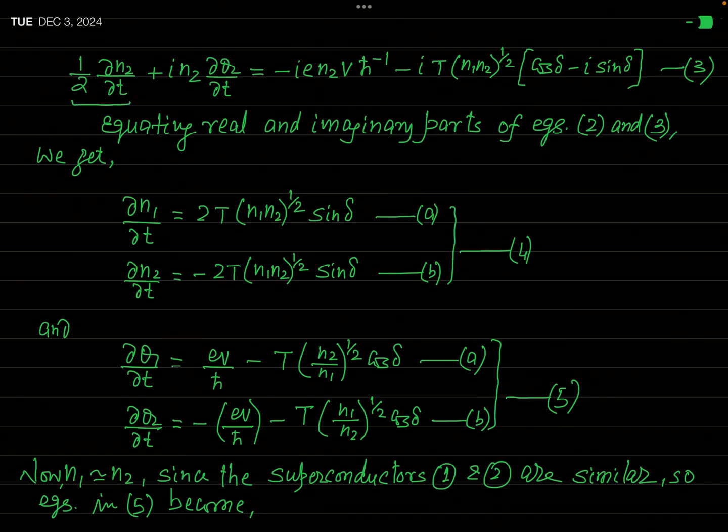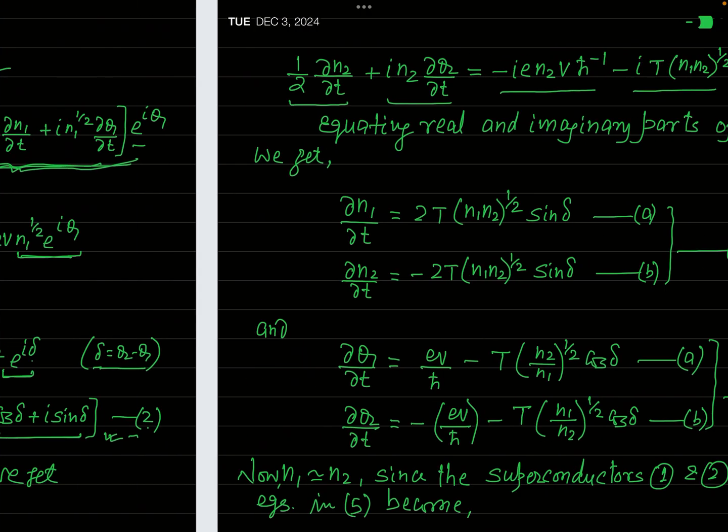This will be 1/2 ∂N2/∂t plus iN2 ∂θ2/∂t, and minus iEN2V times ħ inverse, and minus iT times (N1 N2)^(1/2) times cos δ minus i sin δ.